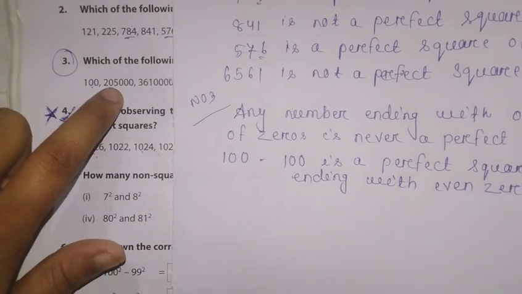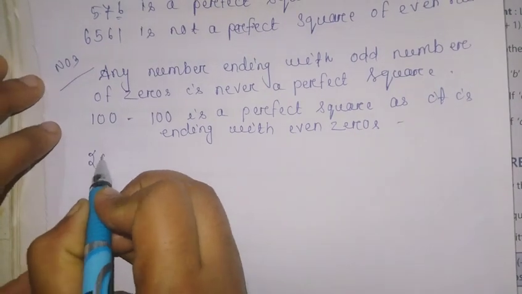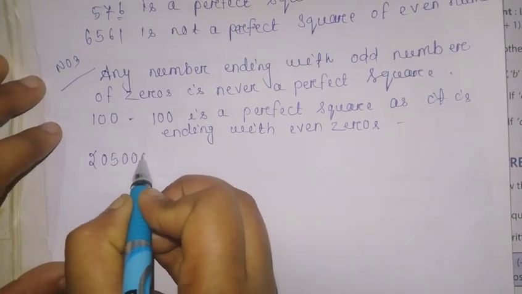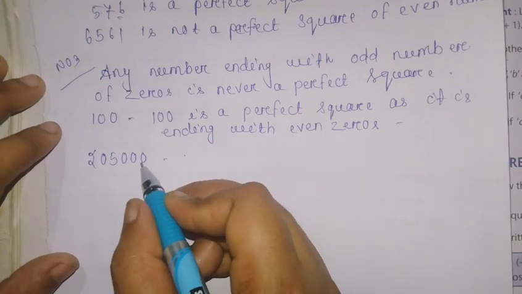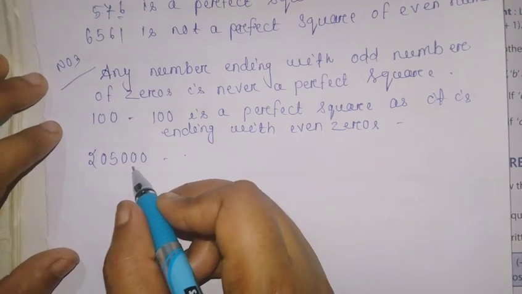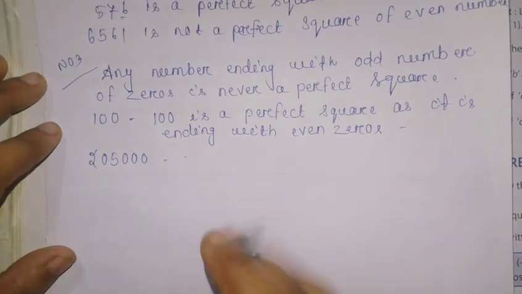Then 2,05,000. 2,05,000 is not a perfect square number, as it has an odd number of 0s. 5 is an odd number.